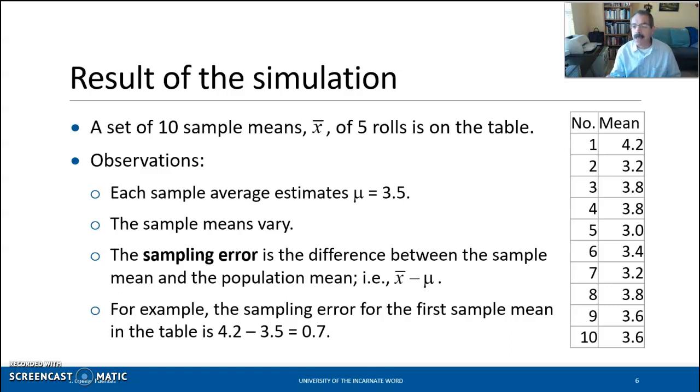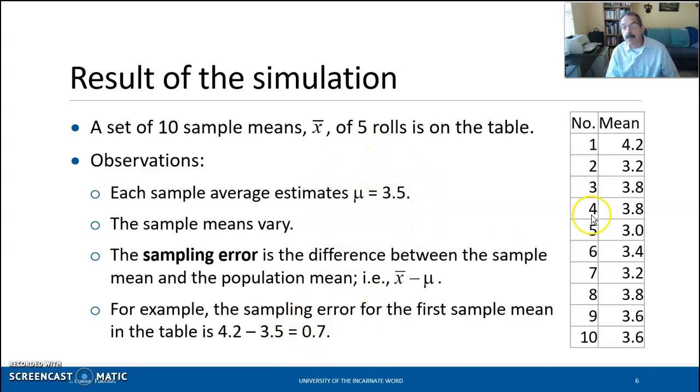So it's due to chance, because every group of 5 rolls has different numbers, and they occur completely at random. And so the sampling error is just the difference between the sample average that we obtain and the population mean. Here we have the luxury of knowing the population mean.